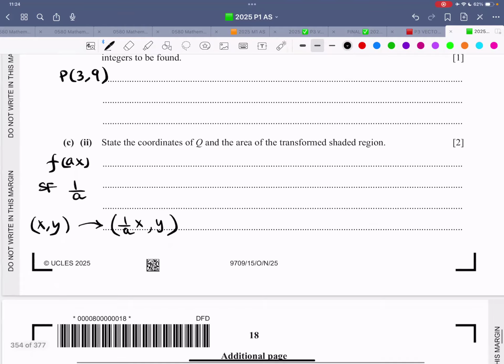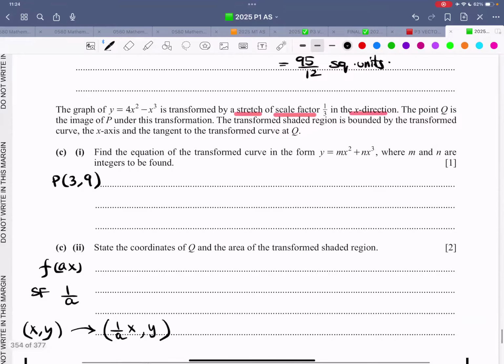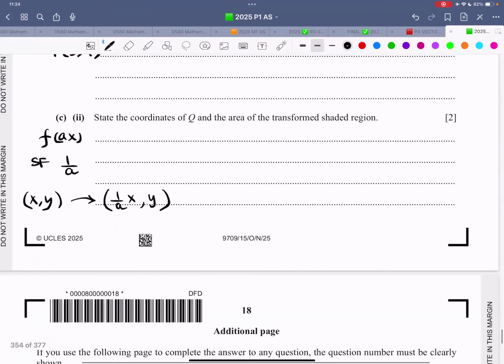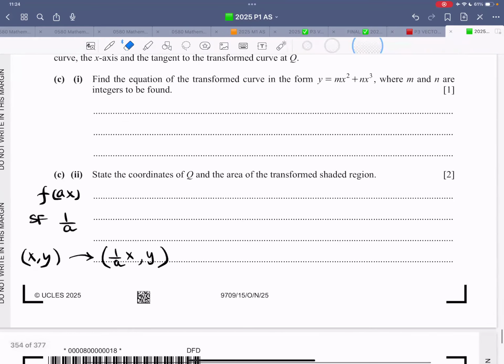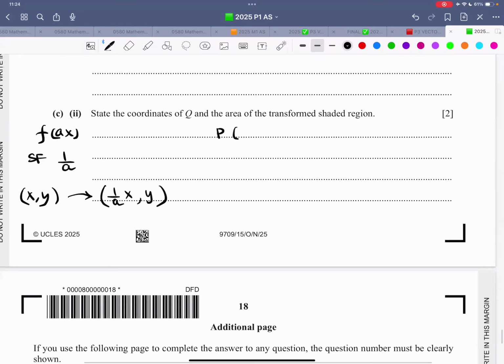So that's not a big deal. The scale factor is 1/3. So therefore, P is 3,9. So P will become Q. And let me write over here. So over here, P is 3,9 will become Q, which is 1/3 of 3,9. Therefore, Q is 1,9. So 1 mark for this.